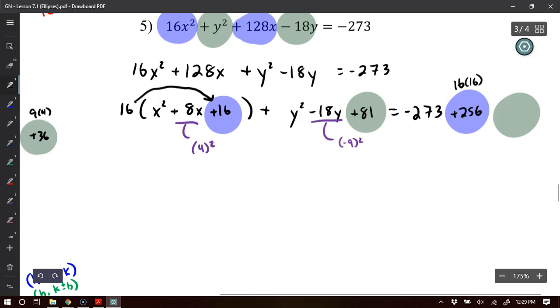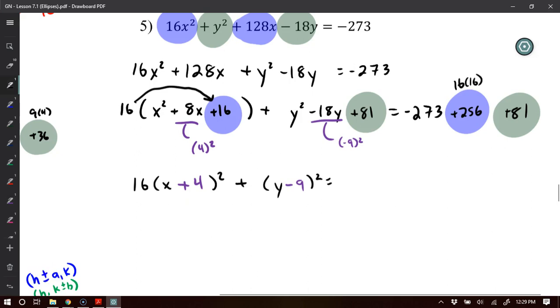There is nothing else to worry about there, so I put a positive 81 here. So now, completing the square, I have 16 times the quantity (x plus 4) squared, plus (y minus 9) squared. And -273 plus 256 plus 81 gives me 64.